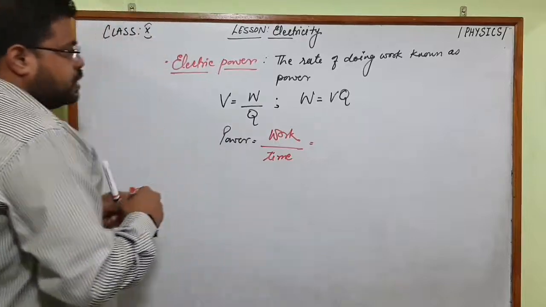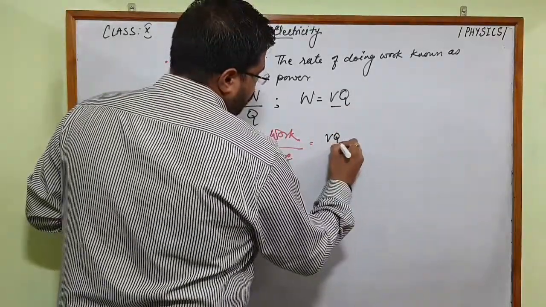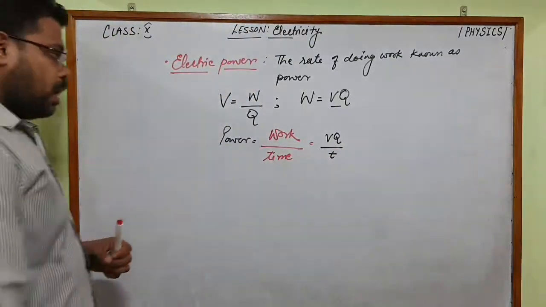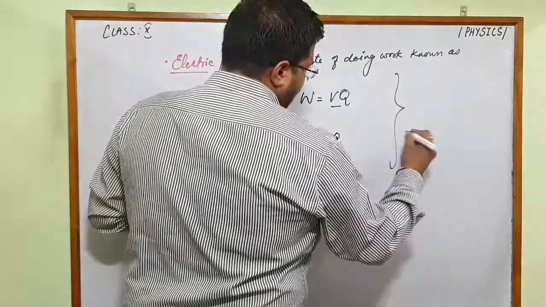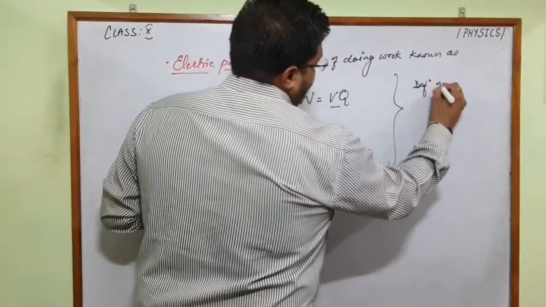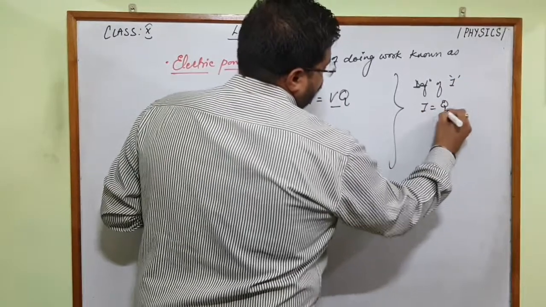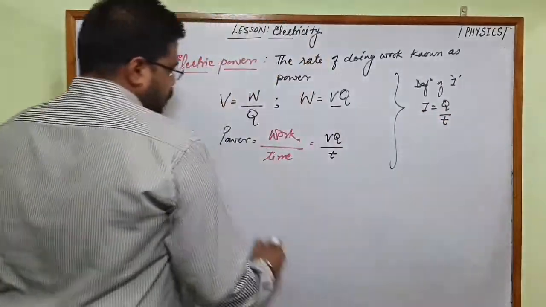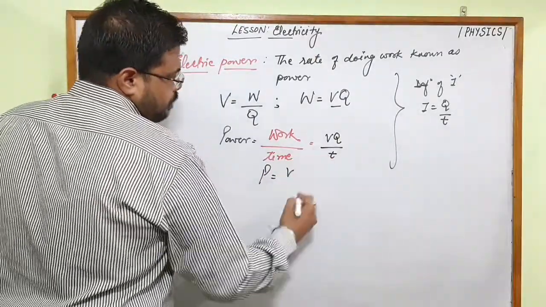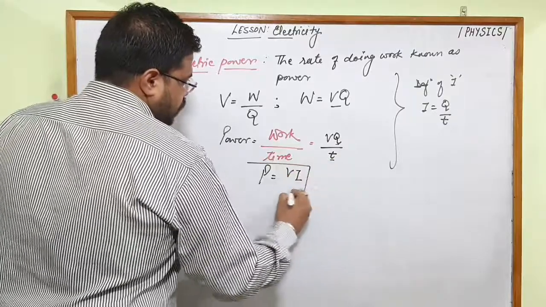Here work is VQ, so we place the value VQ upon T. Now we already know, by the definition of I, electric current, that I equals Q by T. So here power P will be equal to V, and in place of Q by T we can write I, so P equals VI.